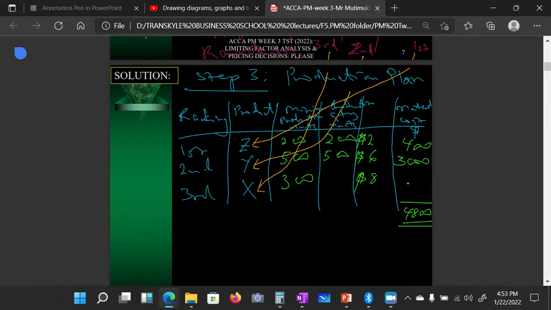So let us find the balancing figure here. 4,800 minus 3,400. How much do we get? 3,400 is 400 plus 3,000.